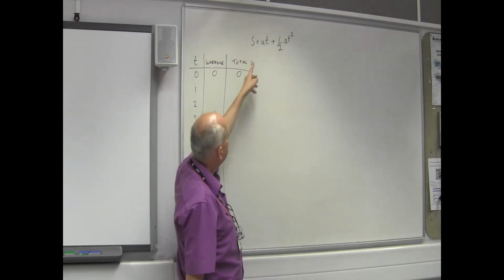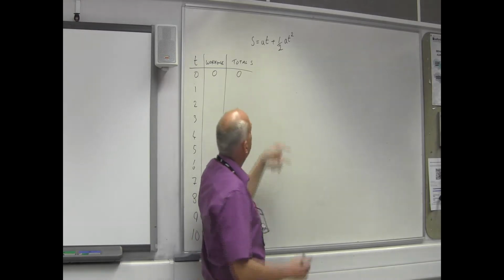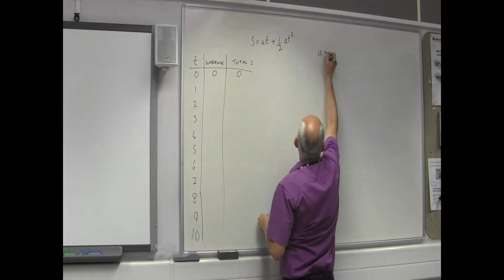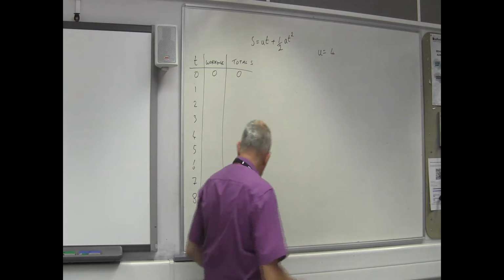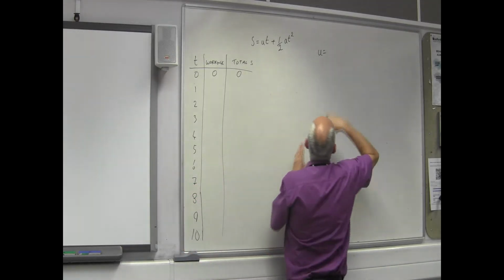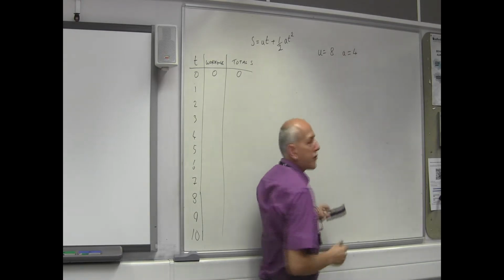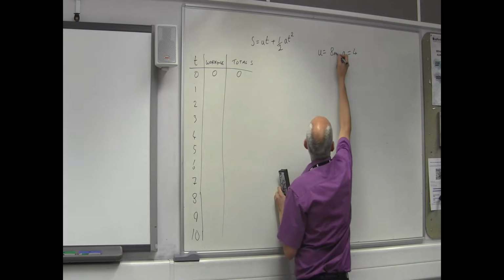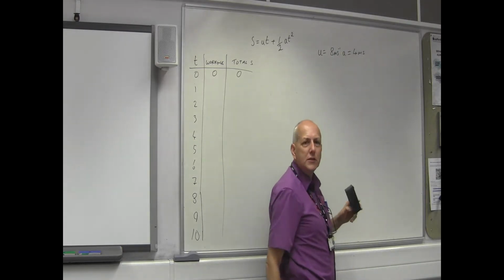Okay, so when t is 1, u equals 8, a equals 4. So that's meters per second, and that's meters per second what? Squared.